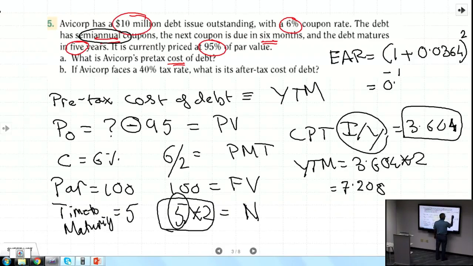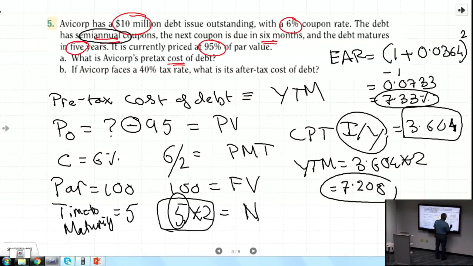So this will give me 0.0733, which gives you 7.33%. Slight difference between an EAR of 7.33 and a YTM just by doubling that number of 7.20. So if you want to be more precise, use 7.33, but if you want to be approximate, 7.20. And that gives you the pre-tax cost of debt.